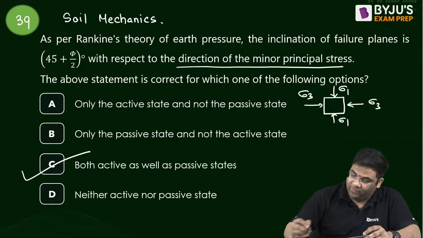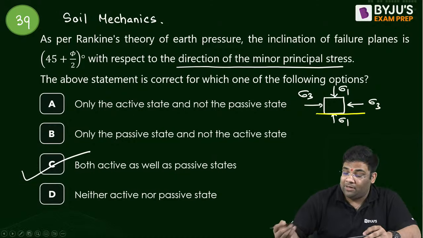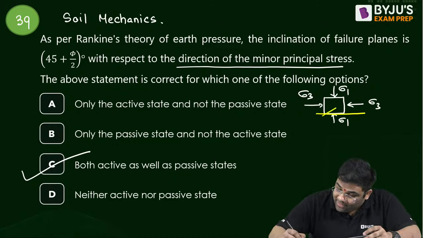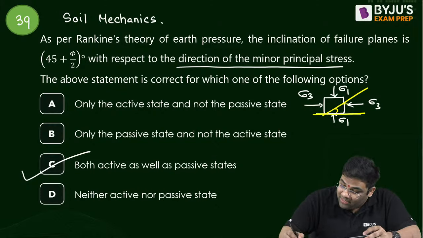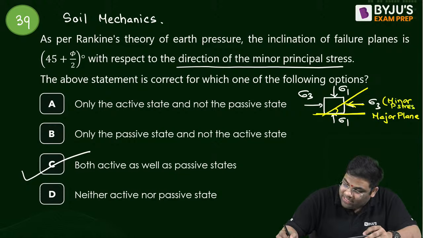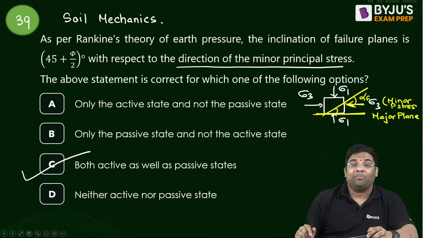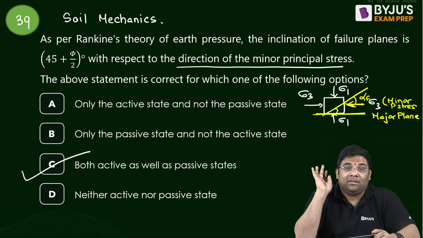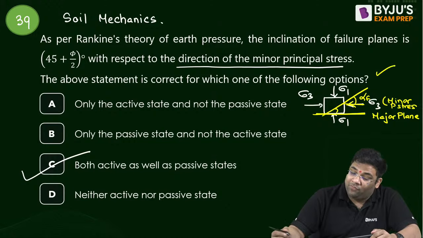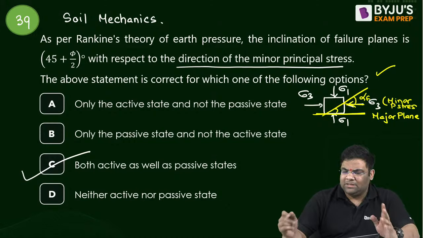Now the failure plane makes angle alpha F with the major plane, and the same angle alpha F with the minor principal plane. This is valid for all the cases.